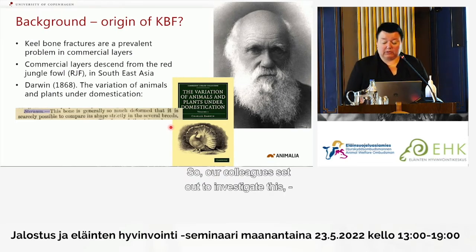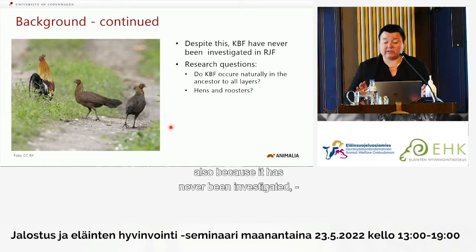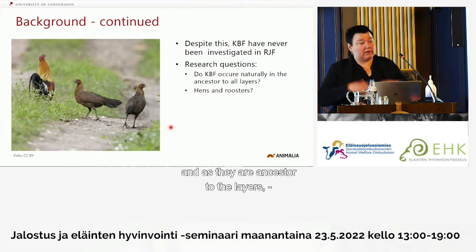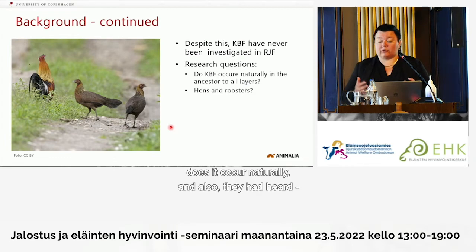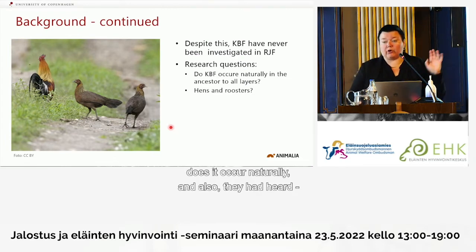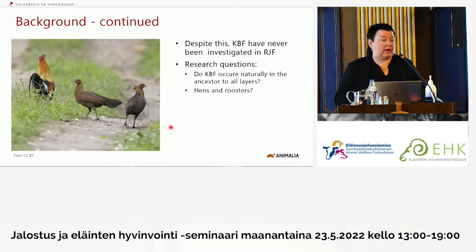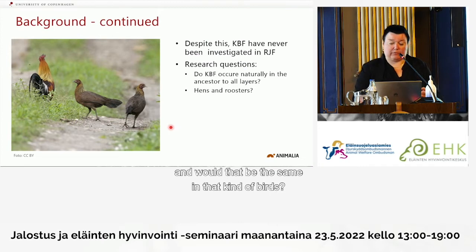So our colleagues set out to investigate this, also because it has never been investigated, and as they are ancestor to the layers, does it occur naturally? They had also heard about our observations in hens and males, and would that be the same in that kind of birds?